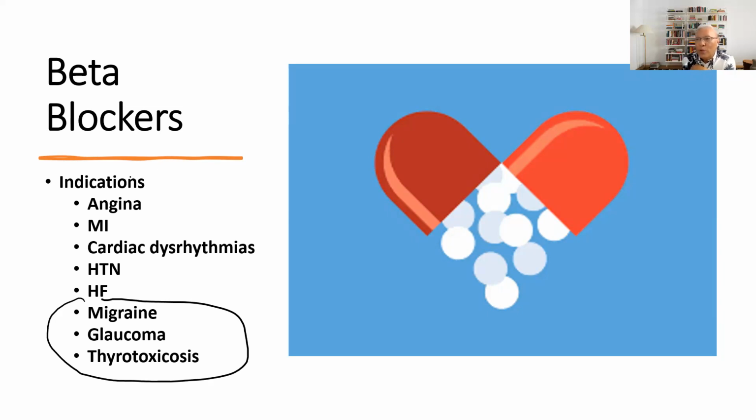Okay, so these are the cardiovascular uses of the medication, but it could also be used for migraine, glaucoma, as well as in thyrotoxicosis. The drug that is very common in glaucoma is going to be timolol.